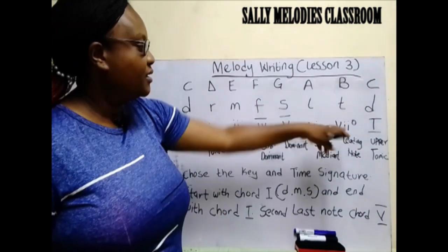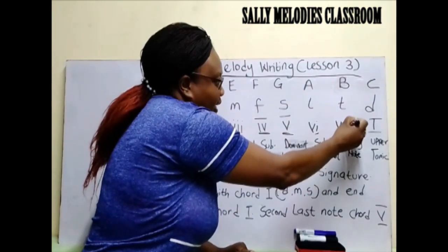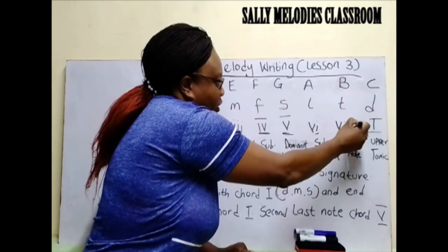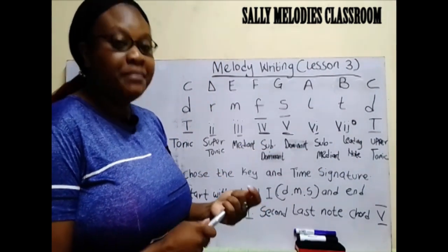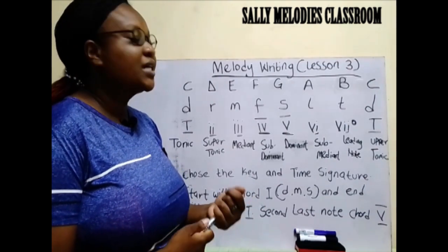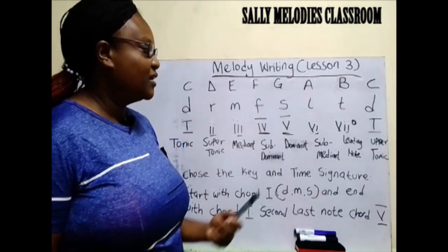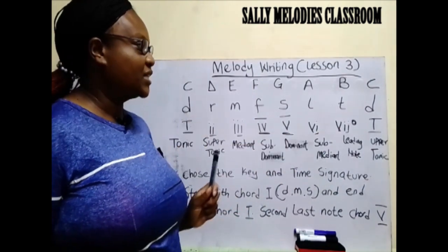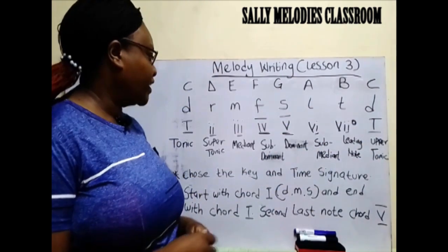And then here, the 7th one here, it has something like a 0 up here. It means that it is diminished. So, it is more than a minor. We are going also to look at that. And then, finally, we have the upper tonic there.